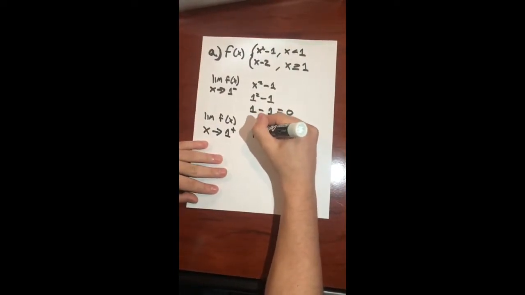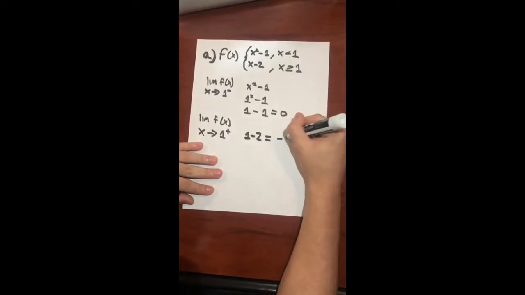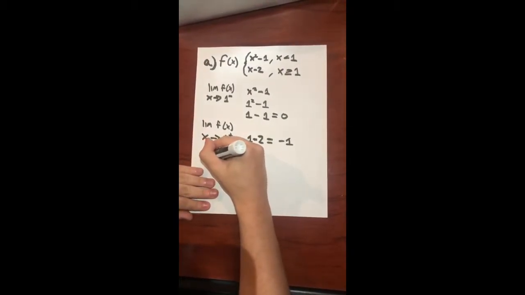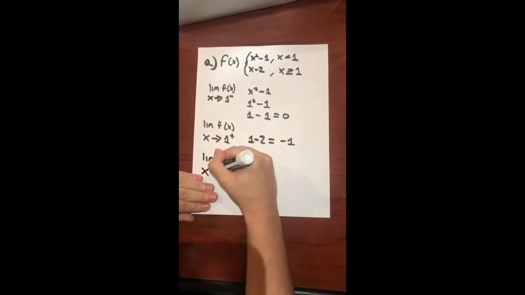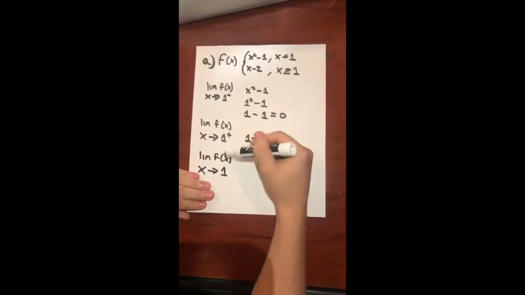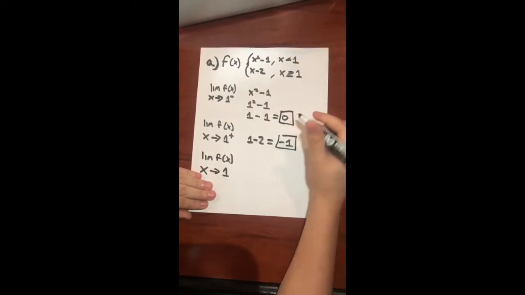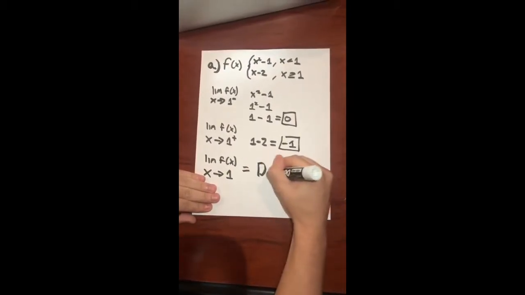You plug in 1 in the equation, which would give you negative 1. And if they also ask you for the limit of f of x as x approaches 1 from both sides, since the answers are not the same, this limit will not exist.